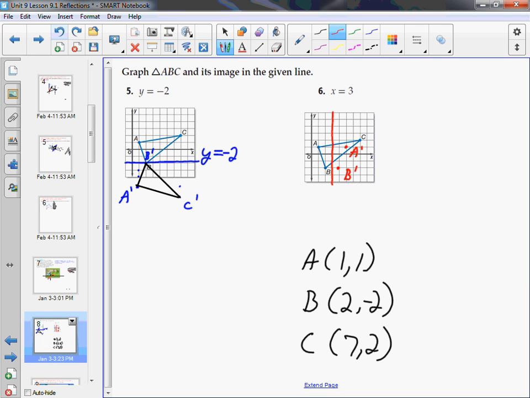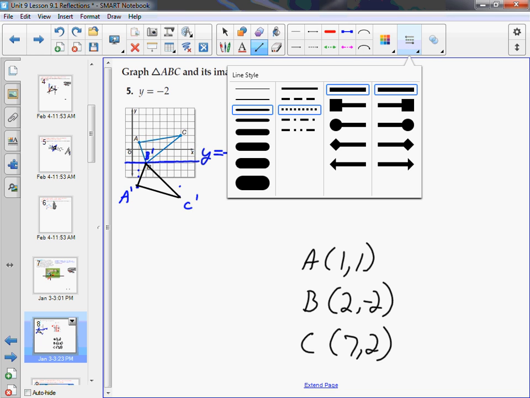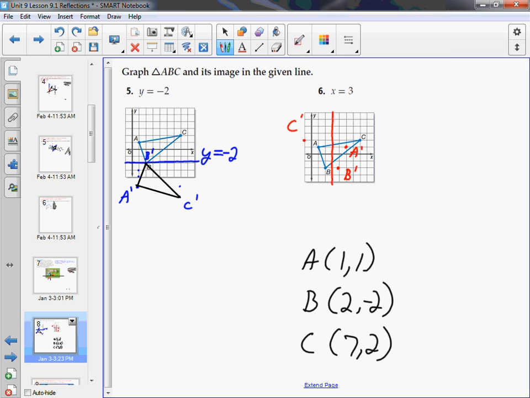So C prime has to be 1, 2, 3, 4 spaces to the left, and then we connect our vertices. A prime, B prime, C prime is the reflection of ABC.